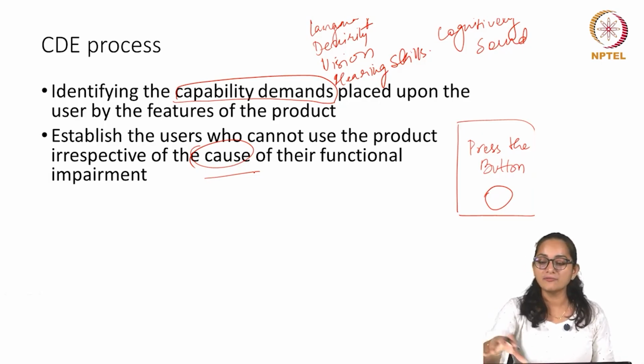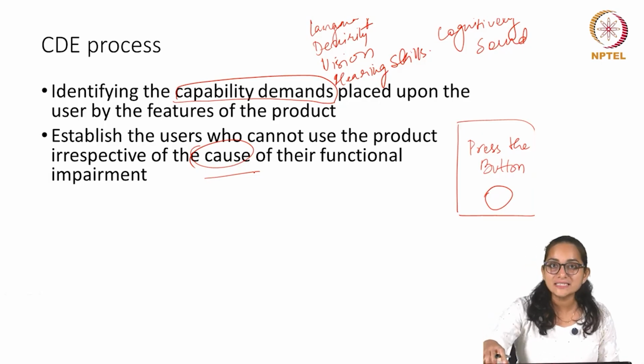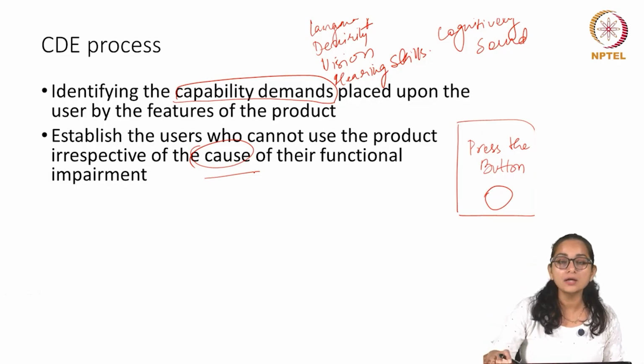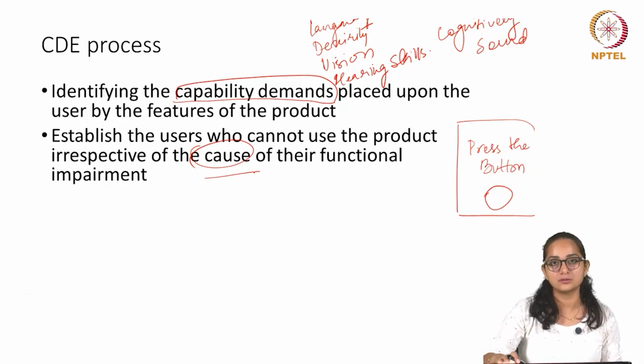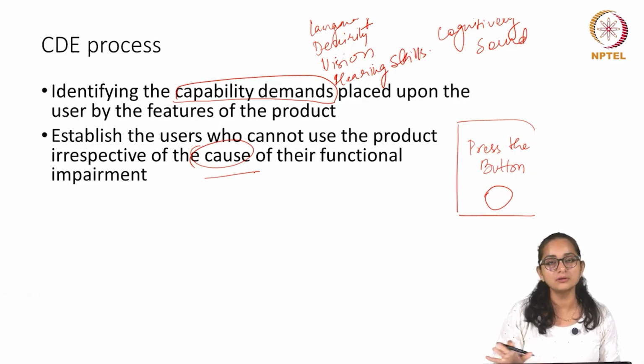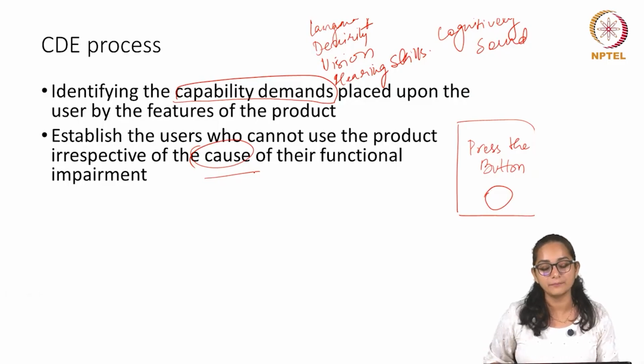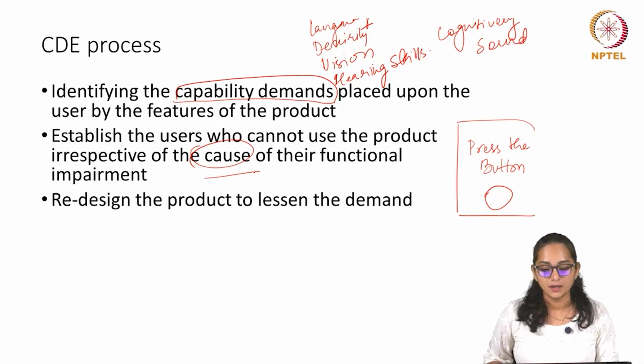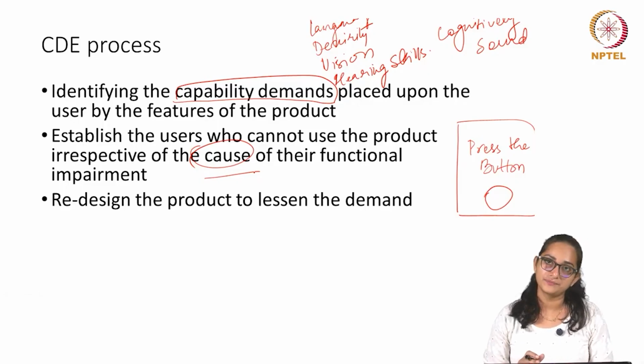So then after this, you list out who are the users who cannot use it, with respect to the cause of the functional impairment. And then redesign the product to lessen the demand, right.